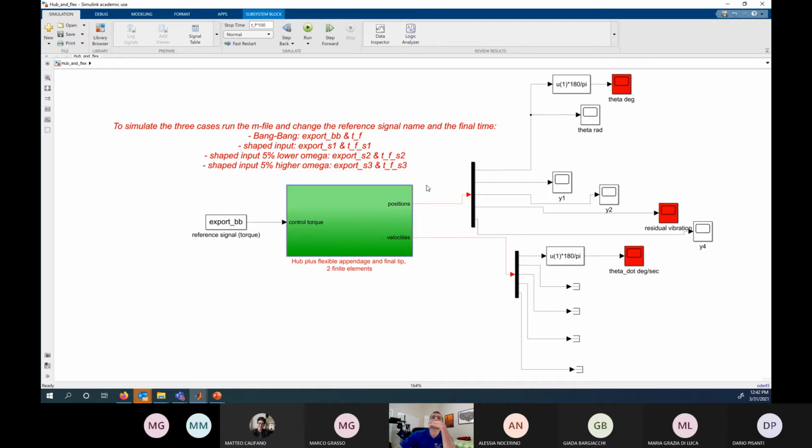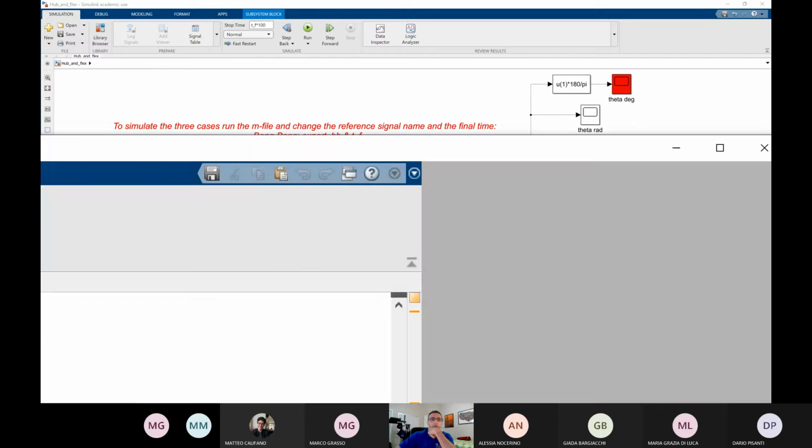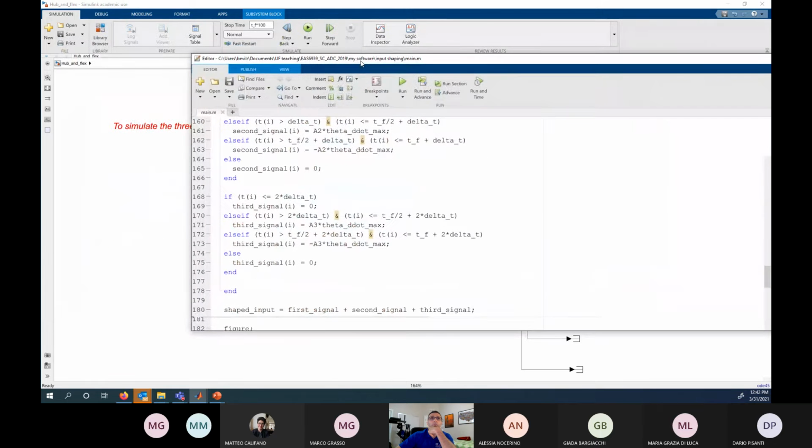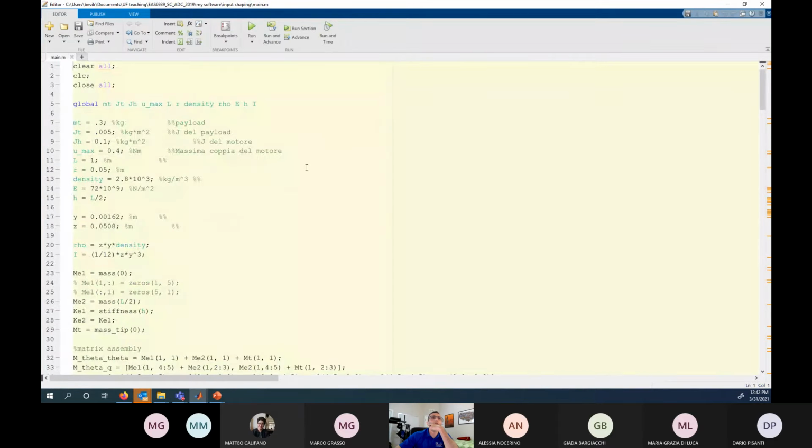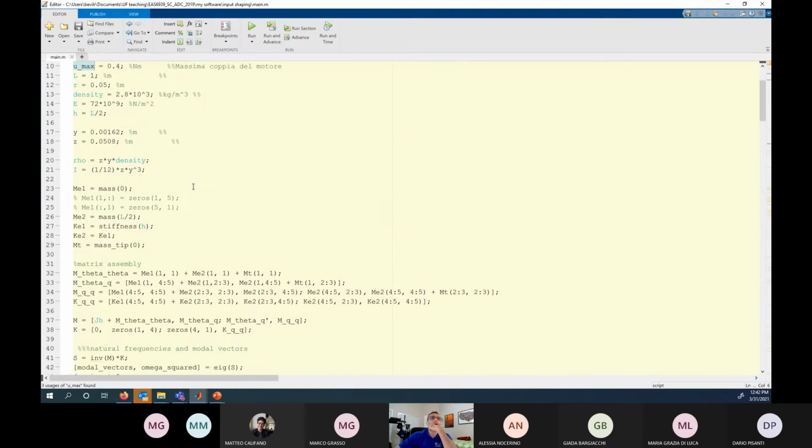You can spend more time looking at the details. But basically, I have an initialized main file that you have to run first. It's a pretty long one. You have the mass of the tip, J of the tip, all the variables, the maximum torque.